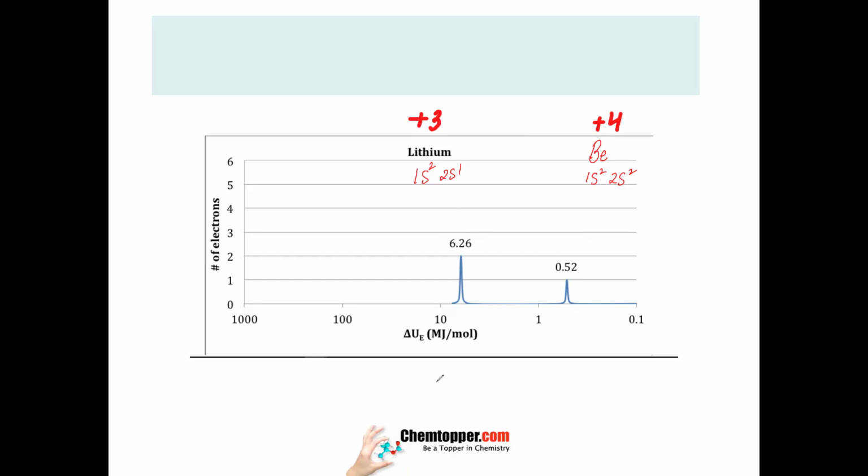Can you tell me where to draw this 1s2 of the beryllium? To the left or right? To the left. Yes, here, somewhere here. This is 1s2. What about 2s2? Where should it go?